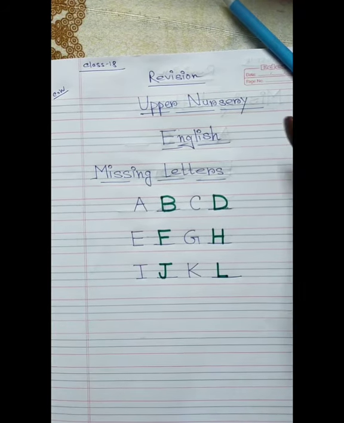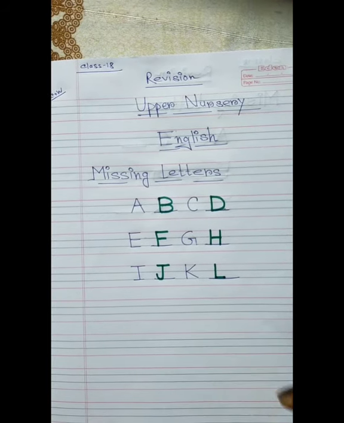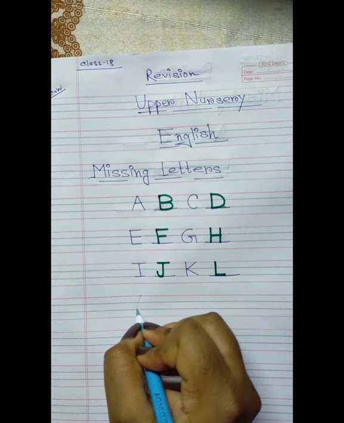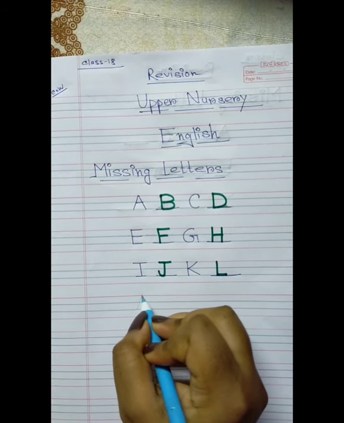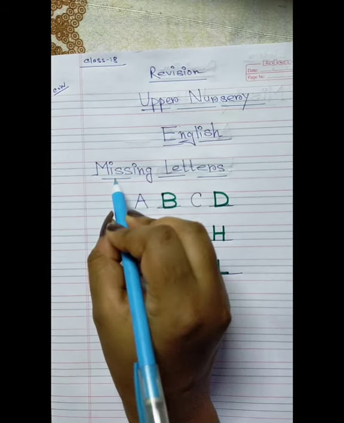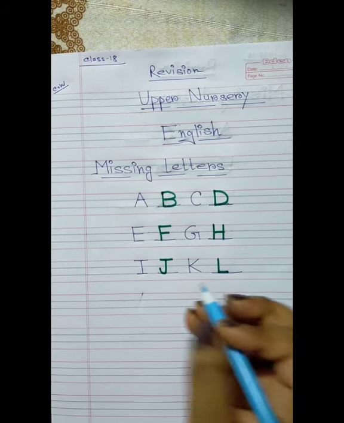So how will you practice at home? You have to write. This is for the parents. You will write like this. Parents, please help your kids to revise the missing letters in capital form.